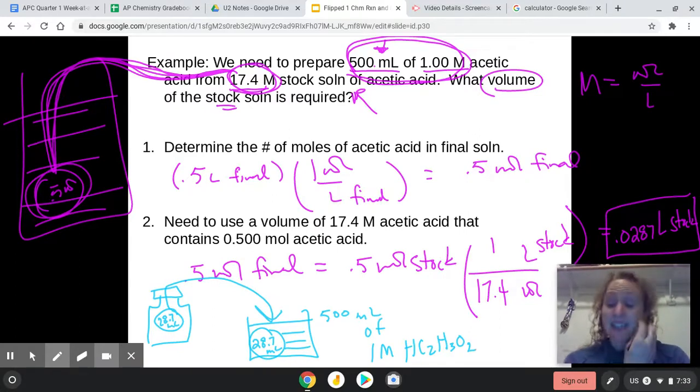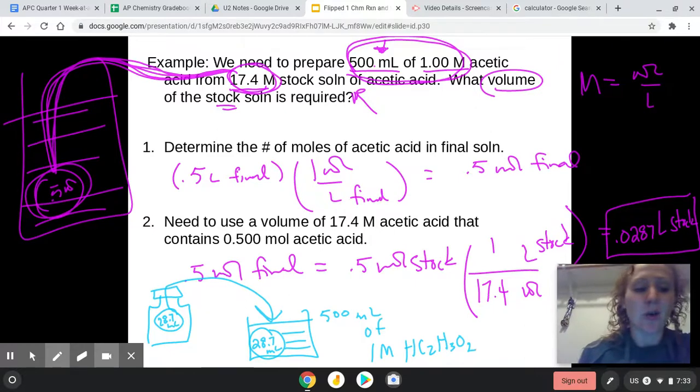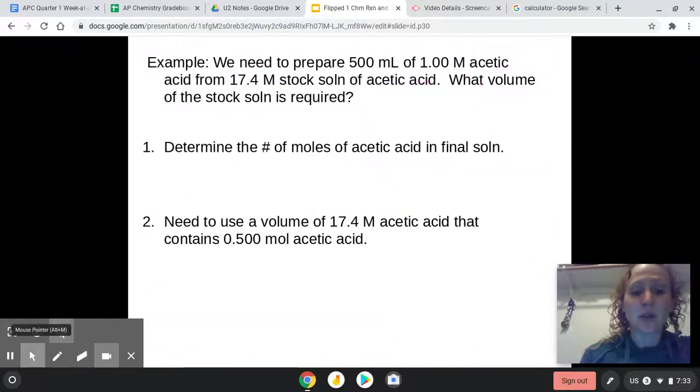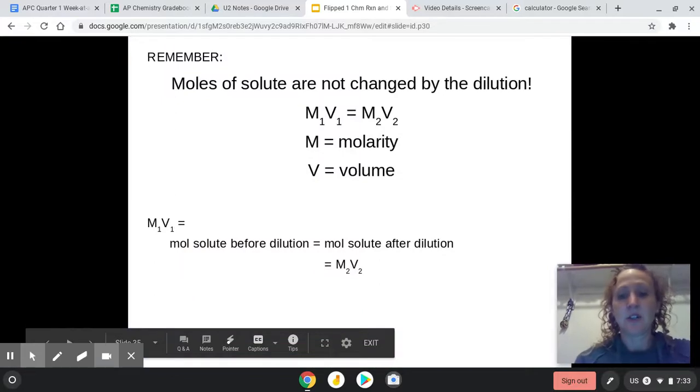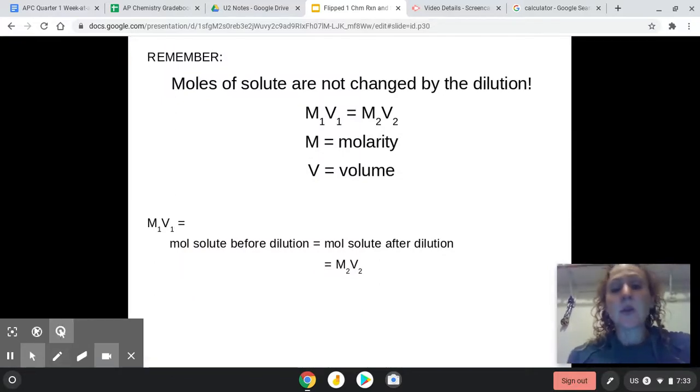Now, there is a shortcut that I haven't told you about yet because I want you to understand the math behind it and not just use the shortcut without understanding why it works. So now that we've gone through all of that, let me show you the shortcut. You have to understand what it is, why it works, and when you can use it.